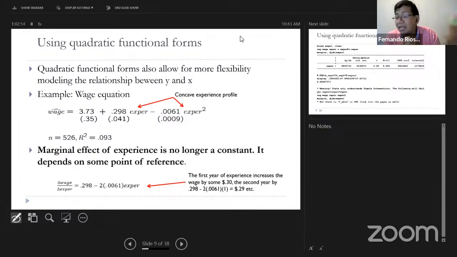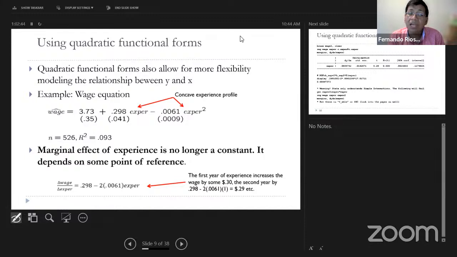As I mentioned in the past, the main reason is to add more flexibility to the model. Because when we use a linear model, what we are really saying is that the relationship between the dependent and the independent variable is strictly linear, and that should be fine for everybody in the population.